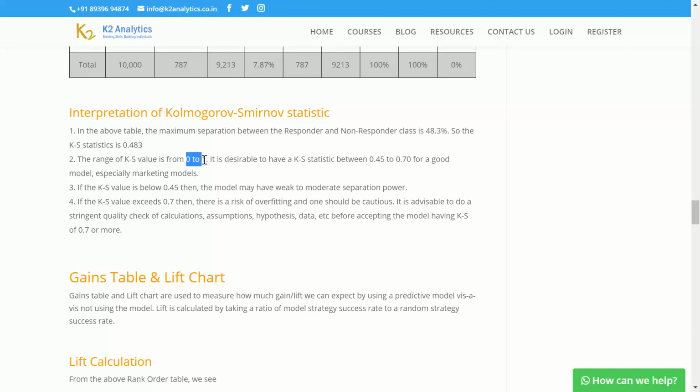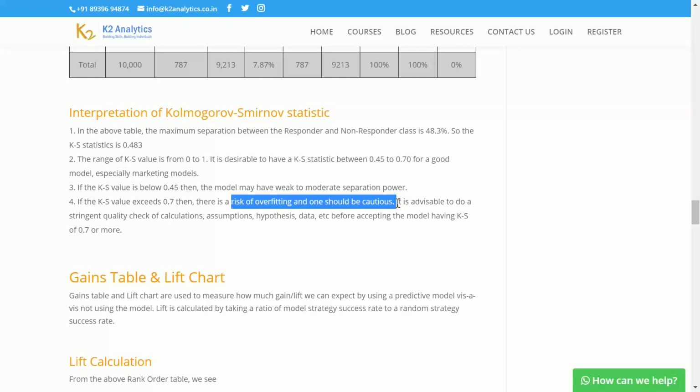Typically when we build a machine learning model, we don't get a perfect separation. 100% perfect separation is not possible in most scenarios. If you get a very high KS, you should very cautiously re-examine your model, because there may be a chance of overfitting. High KS above 0.7, there is a risk of overfitting.